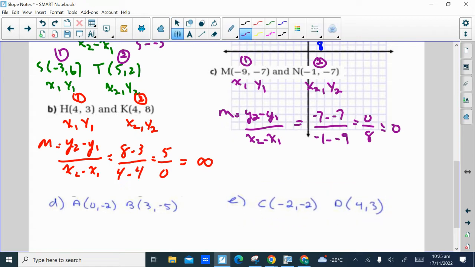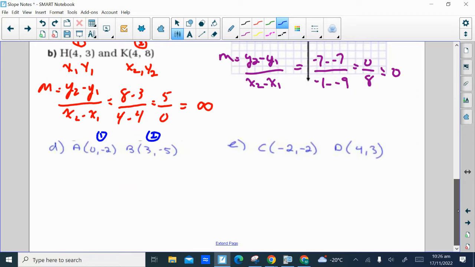Okay, here we go. So if I want to find the slope of the line going through A and B, I can let A be (0,1) and B be (0,2). I can switch those around, it doesn't matter. But because I let A be (0,1), now I have to say that these are the values of x1 and y1. B is (0,2), so those are the values of x2 and y2.